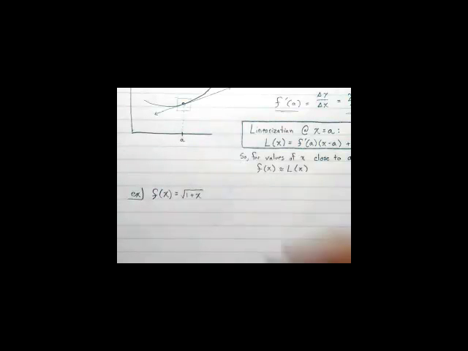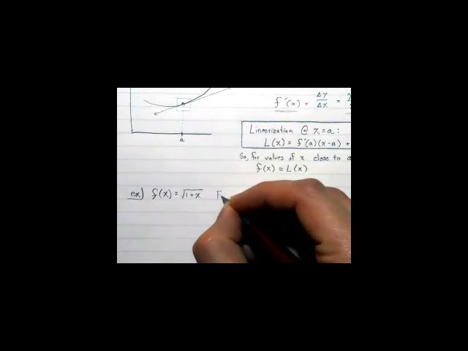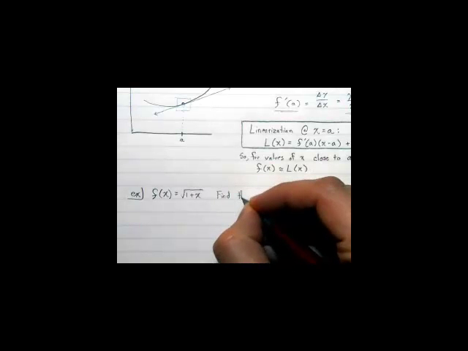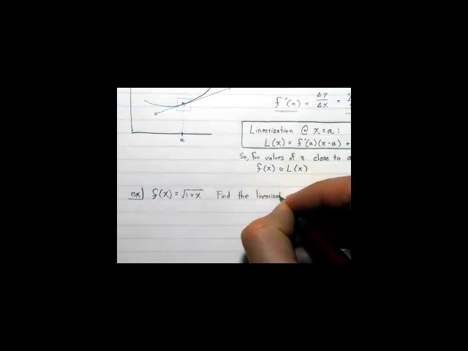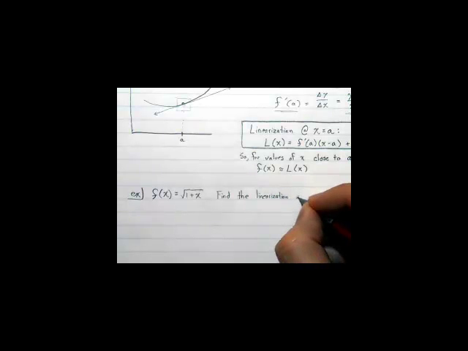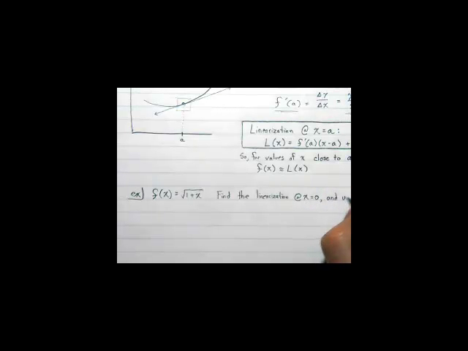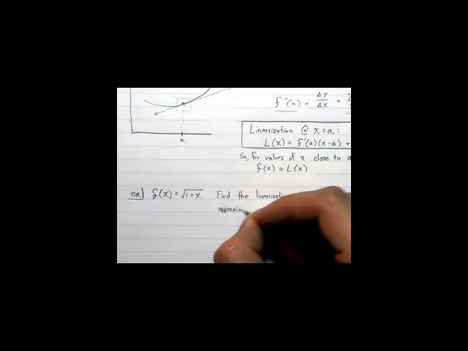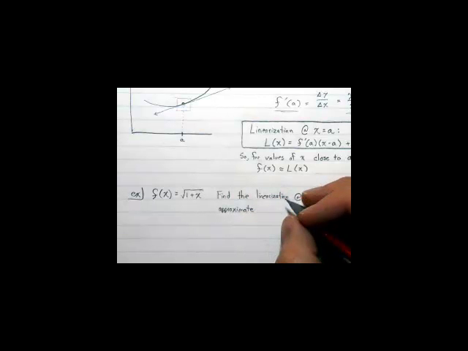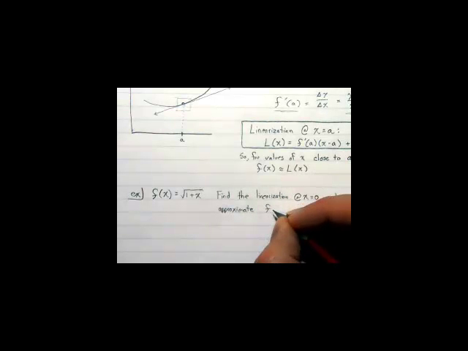All right, so we're going to find the linearization at x equals 0 and use it to approximate f of 0.02.